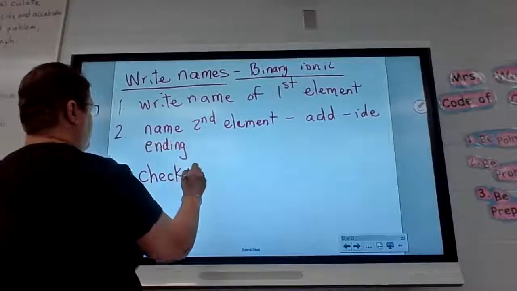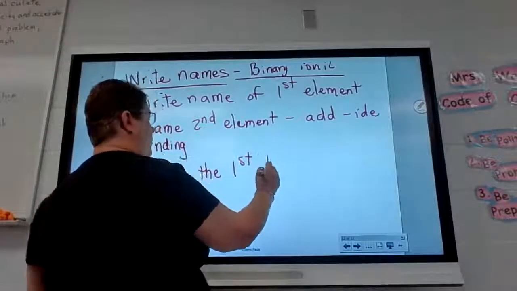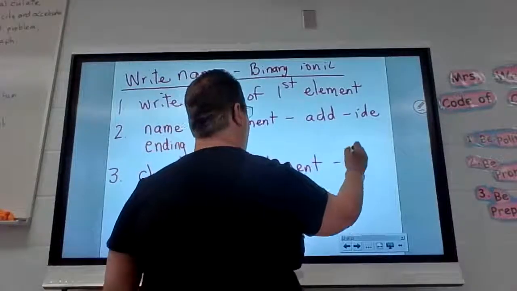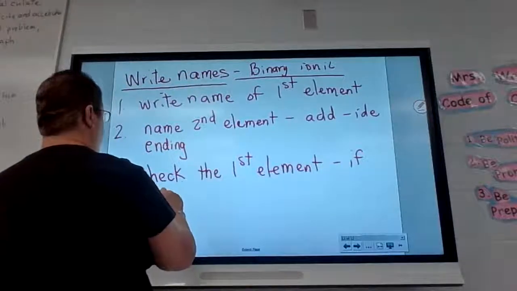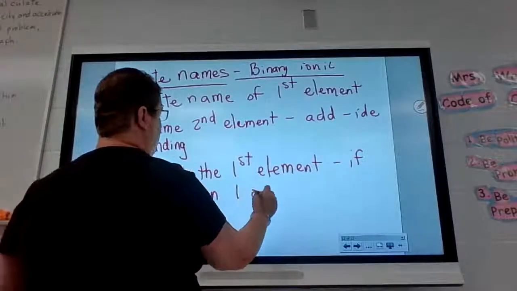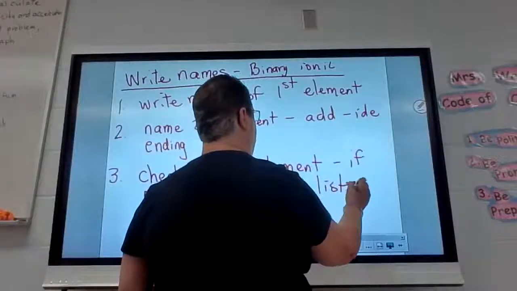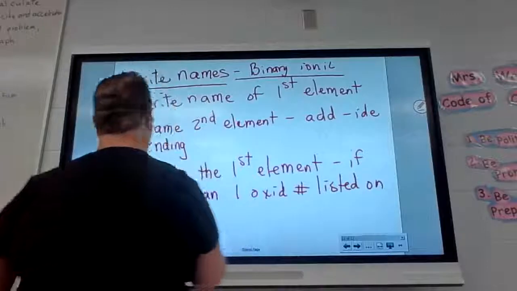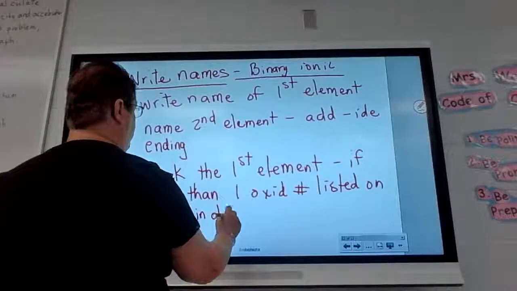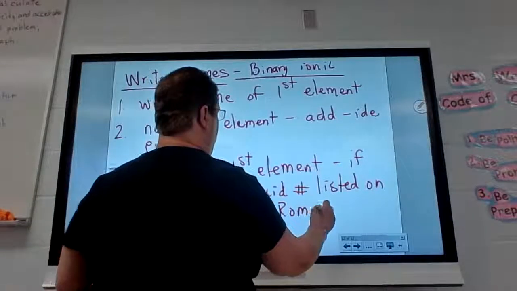Check the first element. If more than one oxidation number is listed on the sheet, include a Roman number.